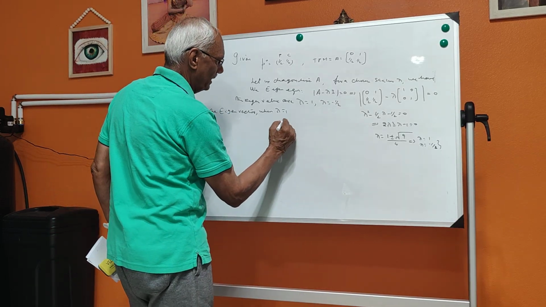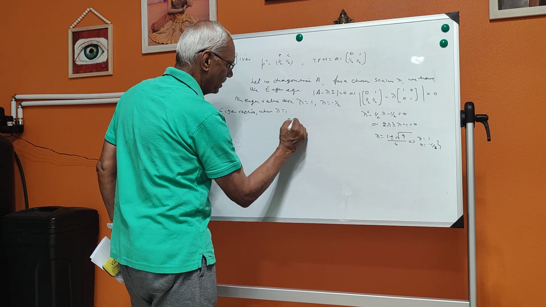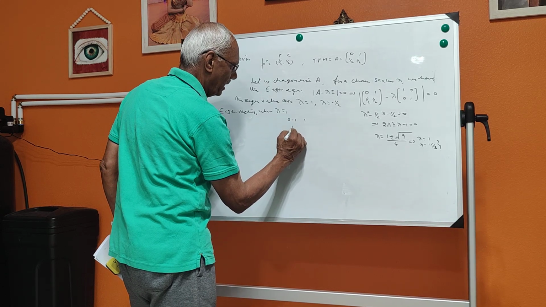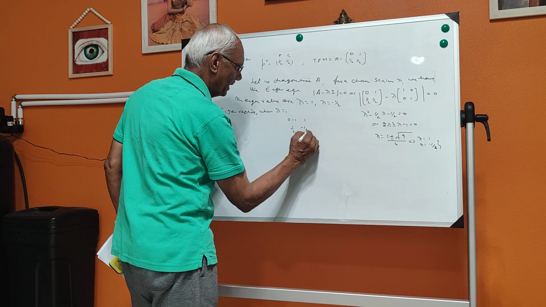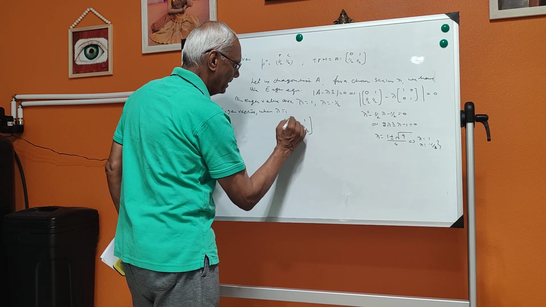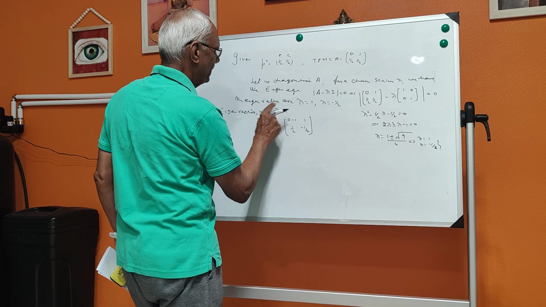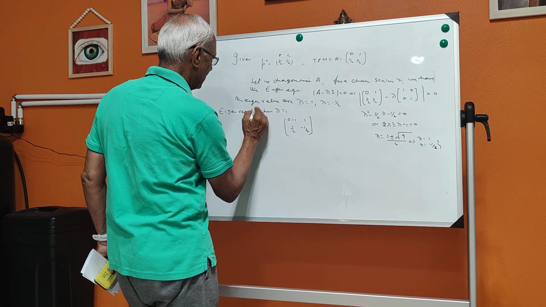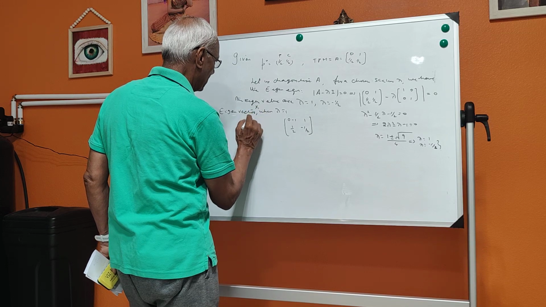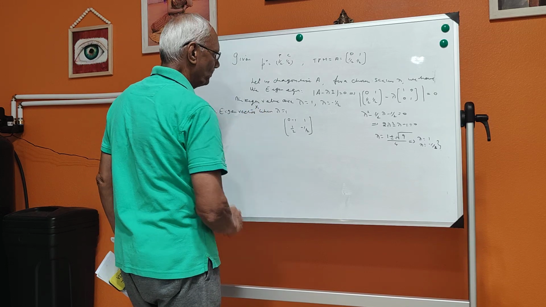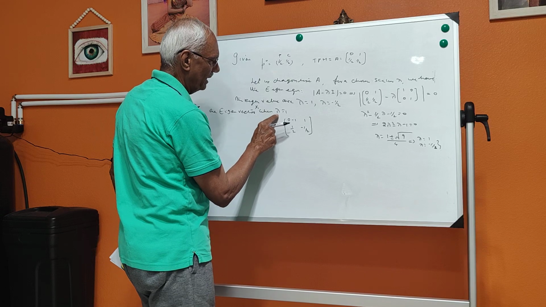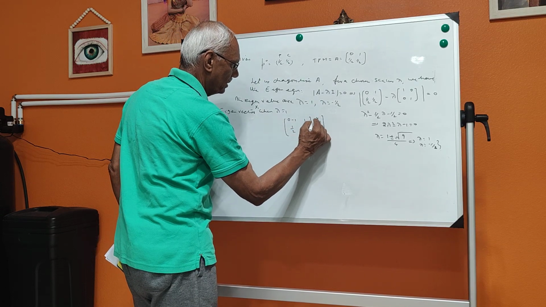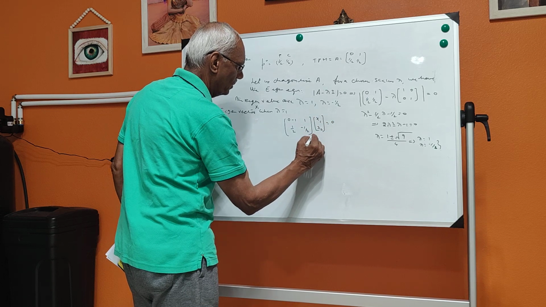This is nothing but the matrix 0 minus 1, 1, then half, minus half, and to find the eigenvector x1, the equation is this matrix times x1, x2 equal to 0.